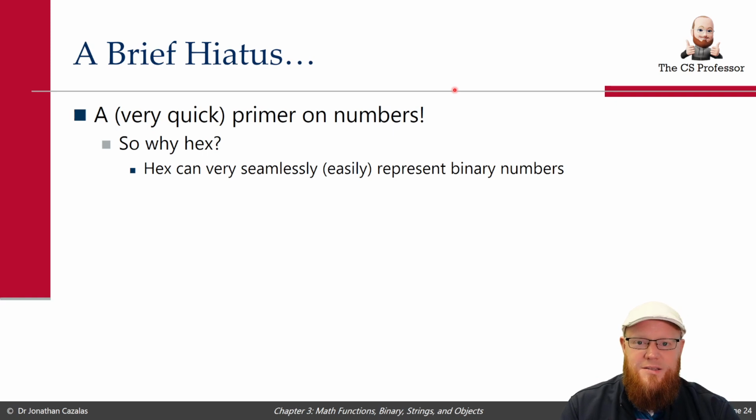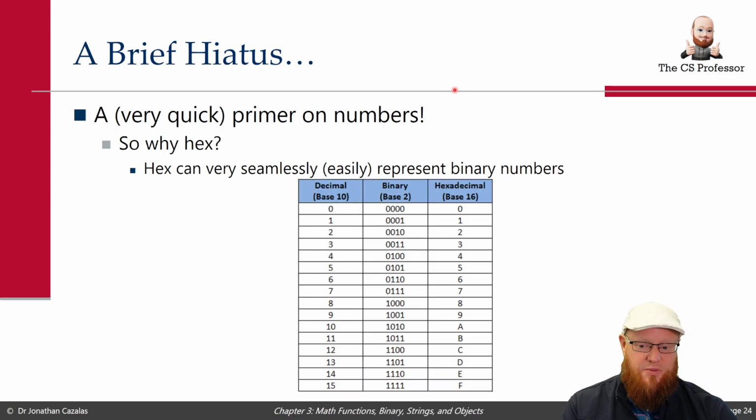So why hex? Because we want to easily be able to capture or to represent binary in a very succinct fashion. And hex allows us to do that beautifully. So if you look at this table, here are the decimal numbers from 0 to 15.